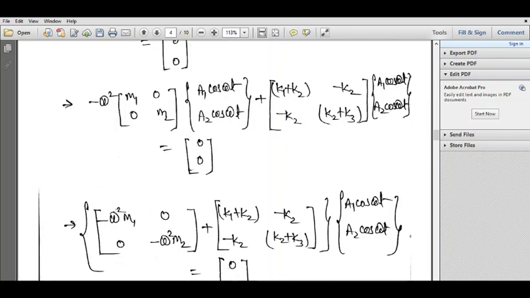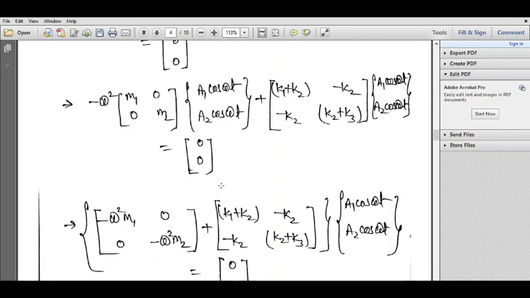Okay, so minus omega square into m1, 0 into minus omega square is 0, again 0 into minus omega square is 0, and minus omega square into m2. Okay, plus here this will be the stiffness matrix k1 plus k2, minus k2, minus k2 and k2 plus k3.